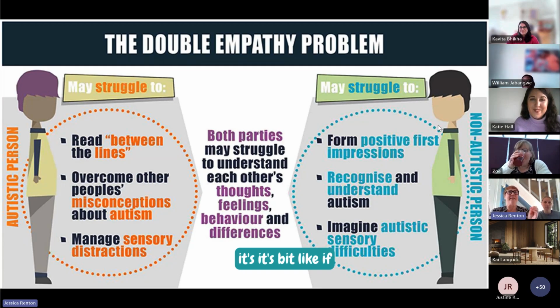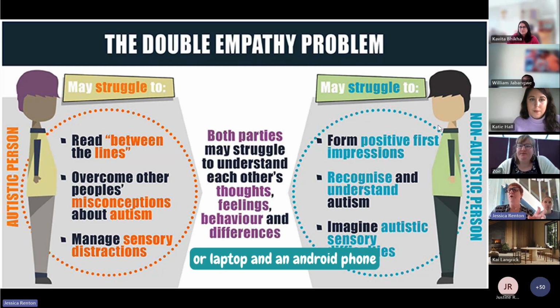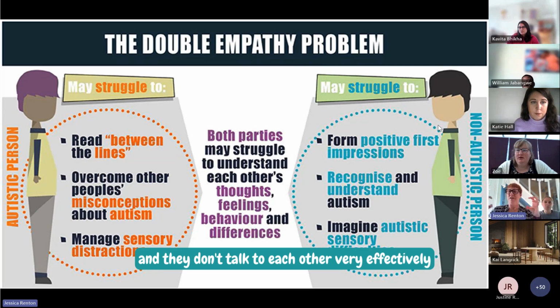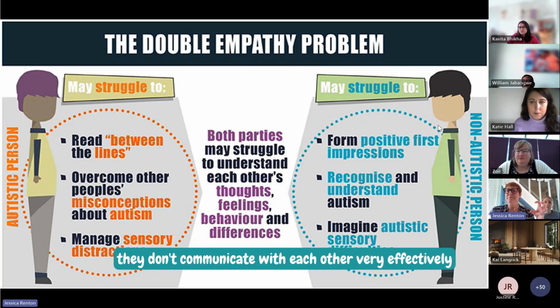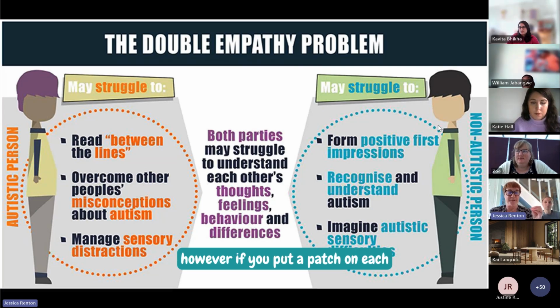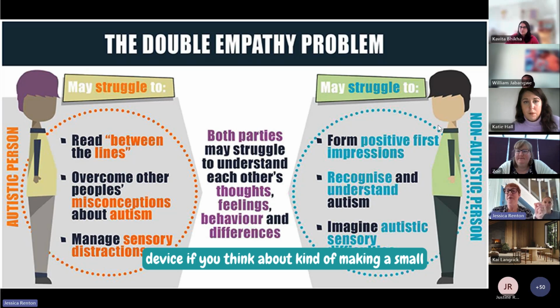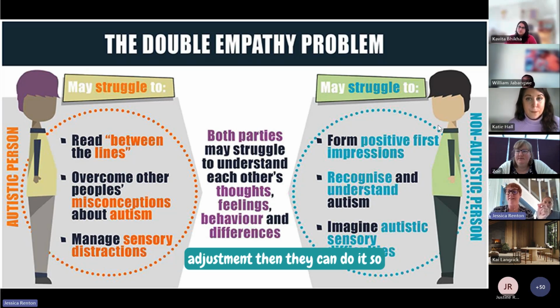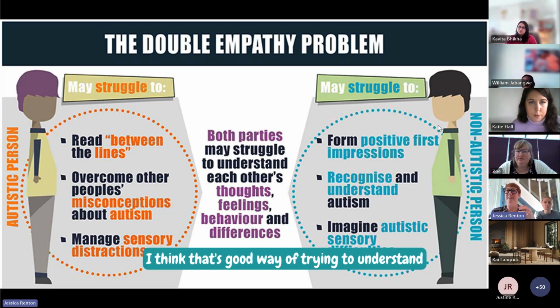It's a bit like if you've got an Apple phone or laptop and an Android phone or laptop, so a non-Apple device, and they don't communicate with each other very effectively. However, if you put a patch on each device, if you think about making a small adjustment, then they can do it. So I think that's a good way of trying to understand it.